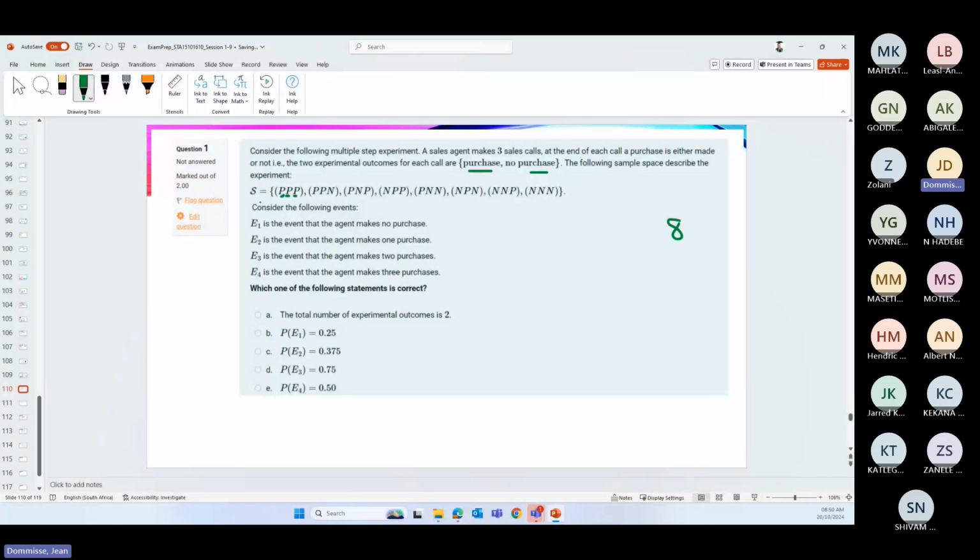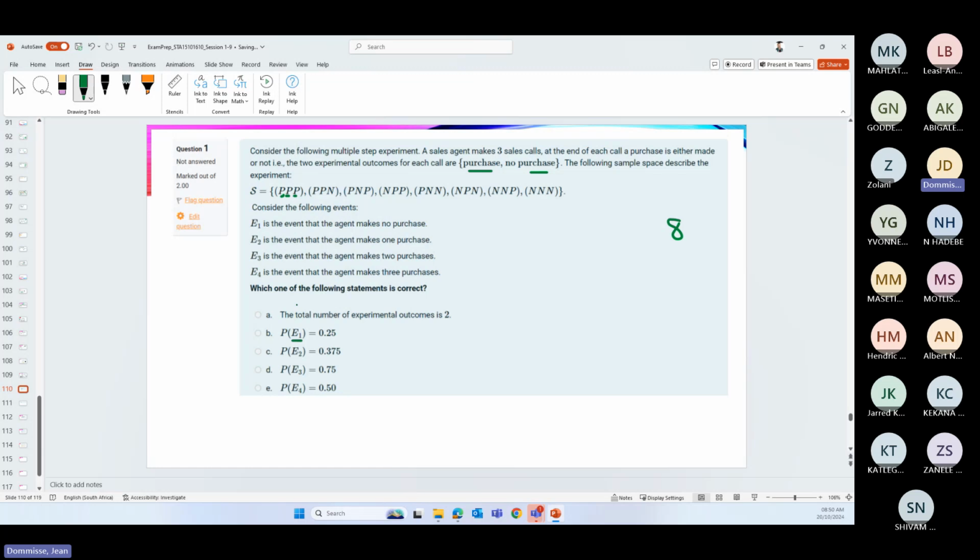Groups of outcomes. So consider the following events. Event 1 is the event that the agent makes no purchase. So there is the probability of event 1. Let's check.